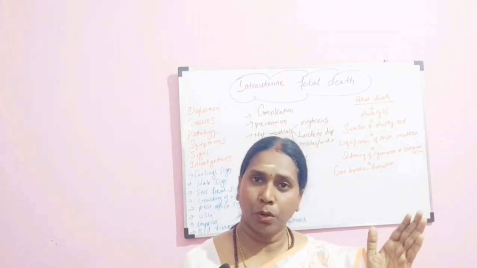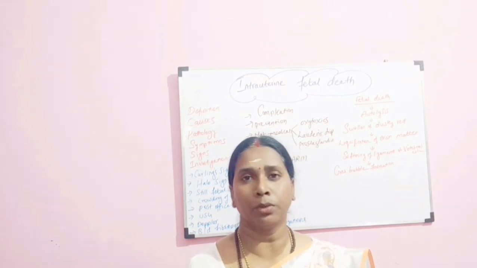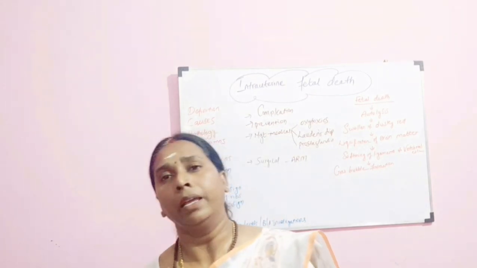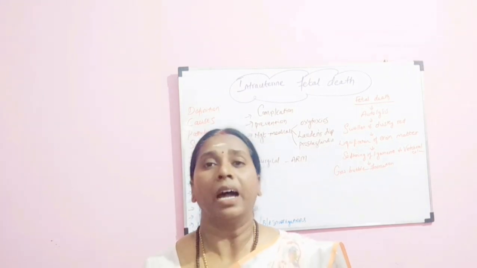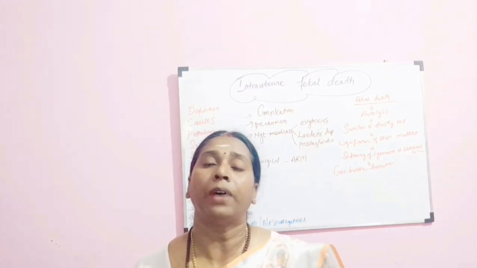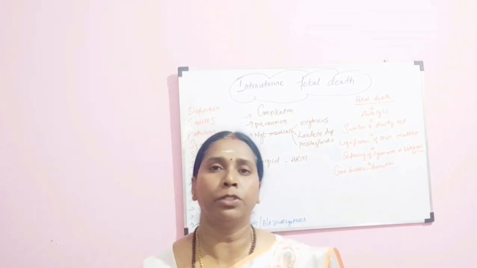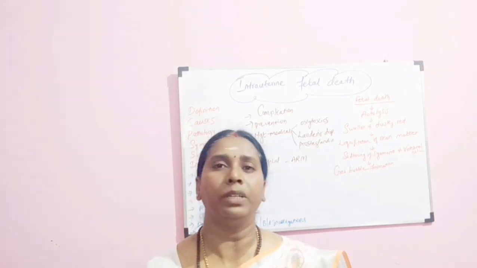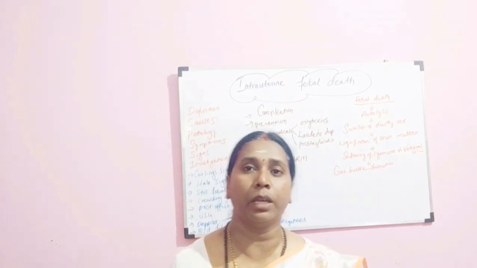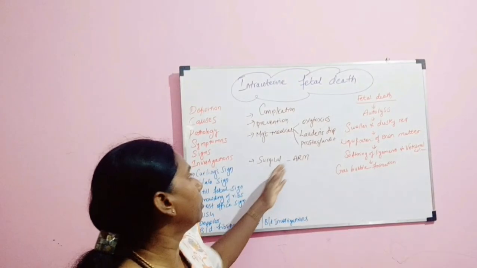You start with 15 to 20 drops and increase the drops per minute, and every half an hour you have to add 5 units extra. Till 24 to 48 hours you have to keep on administering oxytocin, and with that the fetus is going to get delivered. So that is called Laudan's drip during intrauterine death administration.